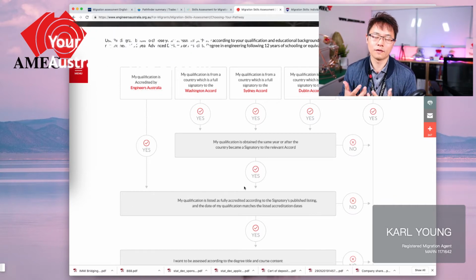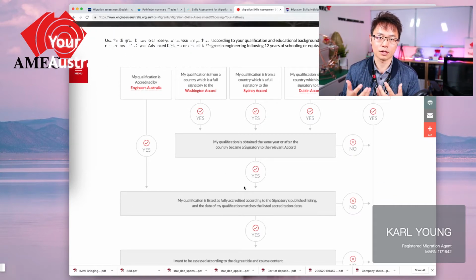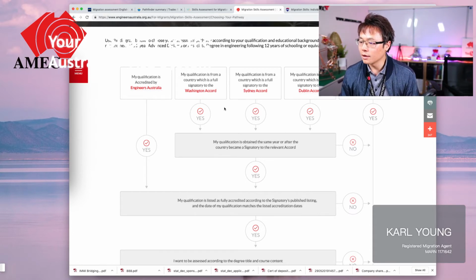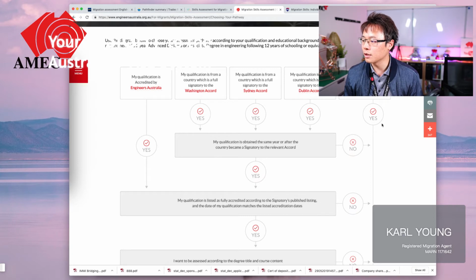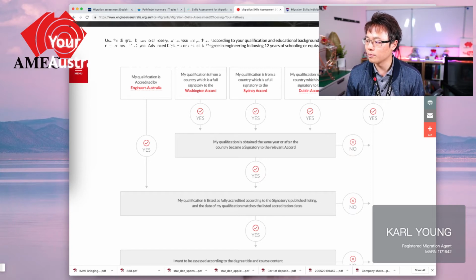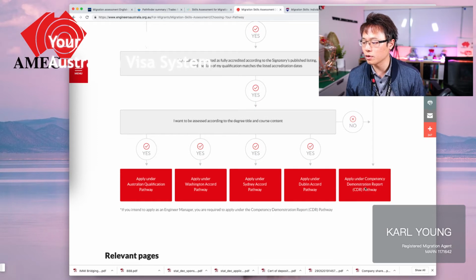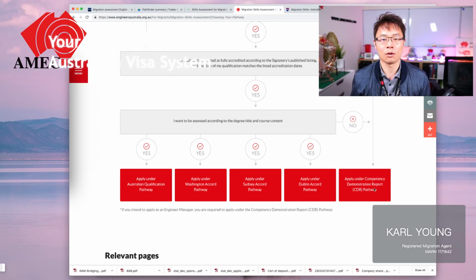So obviously you are required to provide all the transcripts, graduation certificate, and so on. If you're not in here, then you have to go through the last bit, which is the Competency Demonstration Report, CDR pathway. What does that mean?